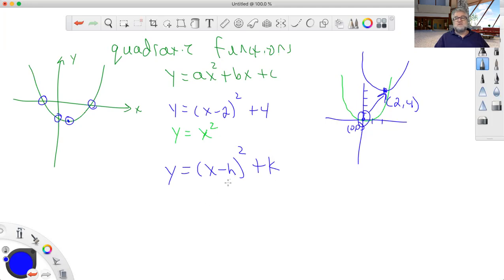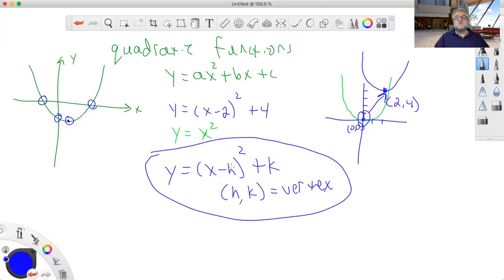I can take the coordinates of the vertex right off the graph. This is going to have a vertex at the point h, k. So when it's in this form, x minus h squared plus k, we can read the vertex right out of the equation. Easy peasy. And that's the purpose for doing this. If we write it in this form, it's really easy to get the vertex.